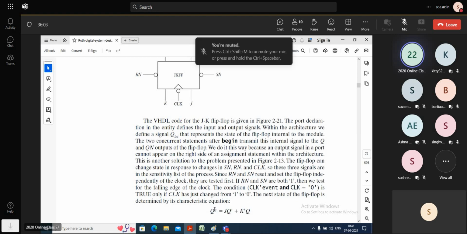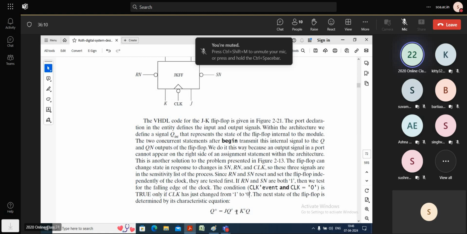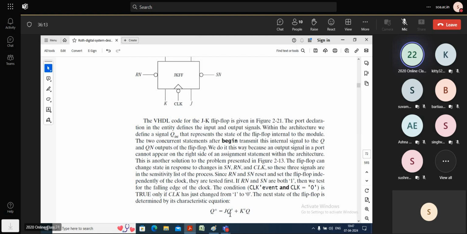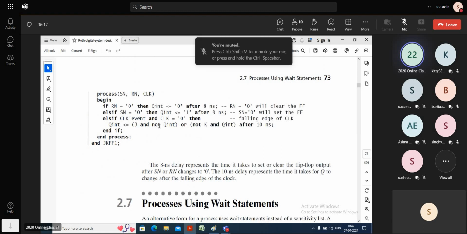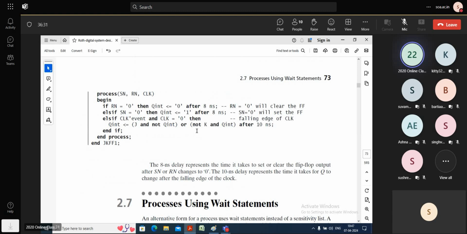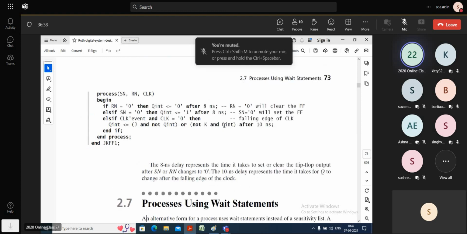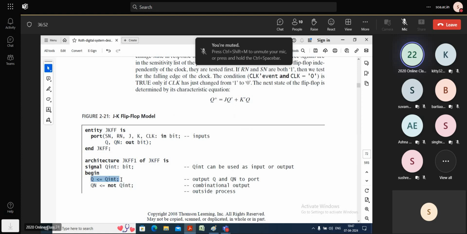Q plus is the next state of Q, which is equal to J Q prime plus K prime Q. So here you can write J and not Qint, then plus means or, then not K, since K prime means not K, and Qint. So we are finding the value of Qint. As you know, this Qint will be assigned to Q. Here we have written Q equal to Qint.